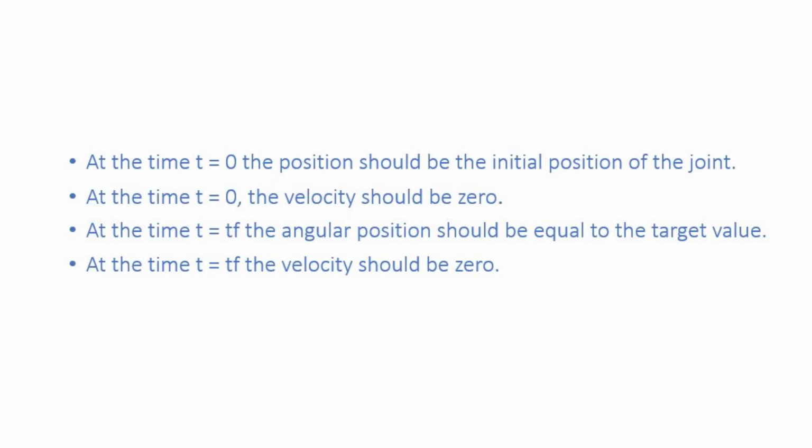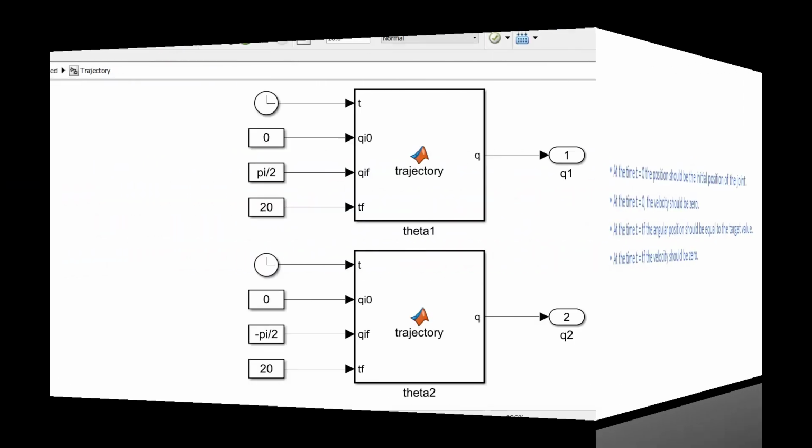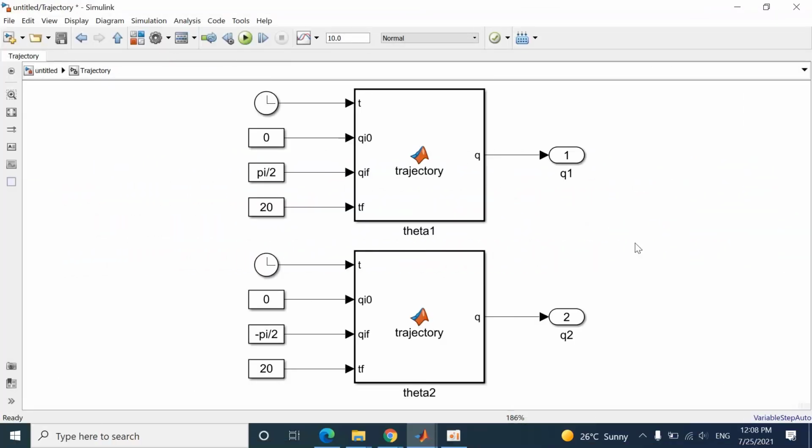At t equals 0, the velocity should be 0. At t equals final t, the angular position should be equal to the target value, and at t equals final t, the velocity should be 0. By using these four constraints, the coefficients of the polynomial can be found.